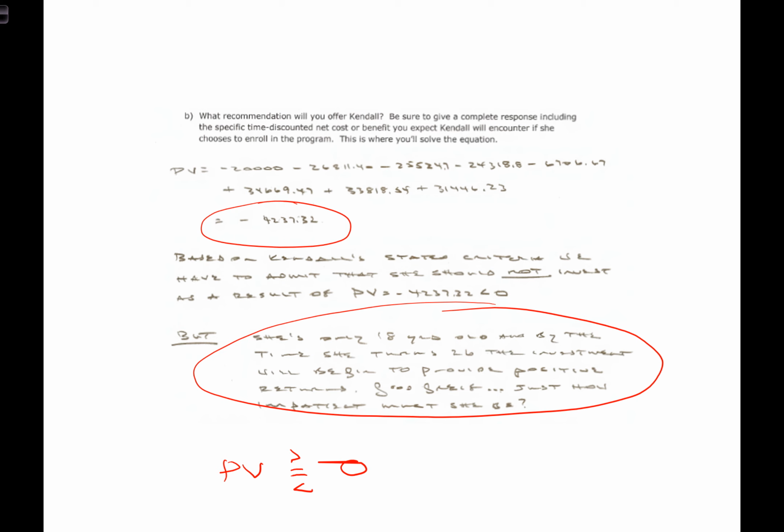Add 1 to that, she's only age 26 at that point, which means that she's got from age 26 all the way through age 60, 65, 70 in order for this to pay off. In this case, the education experience would have been a safe bet, but not based upon how she asked us to adjudicate this. So the answer for B is we'd have to recommend that she not do this.